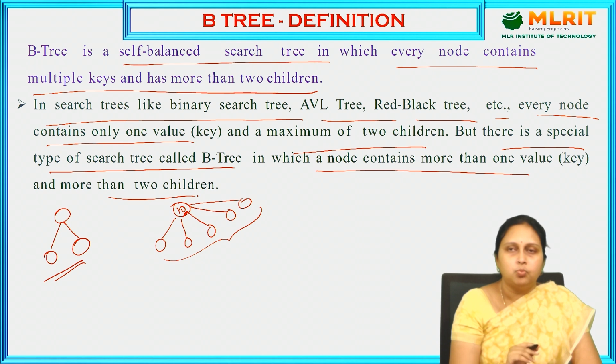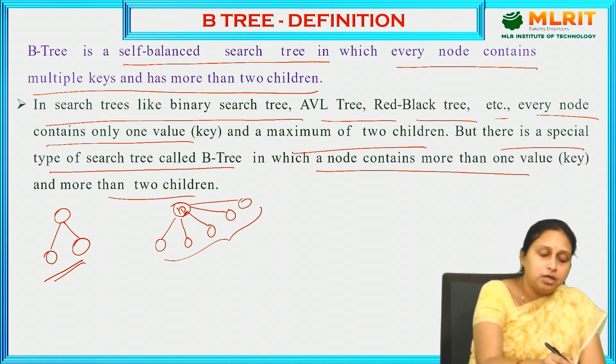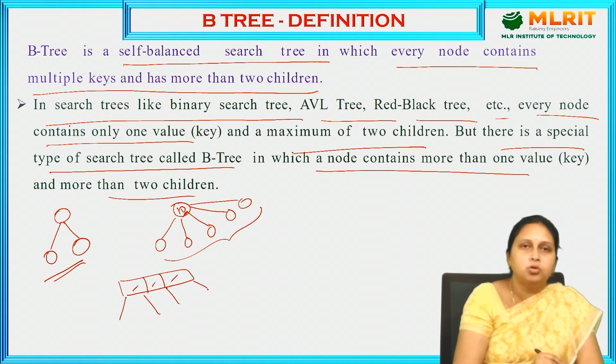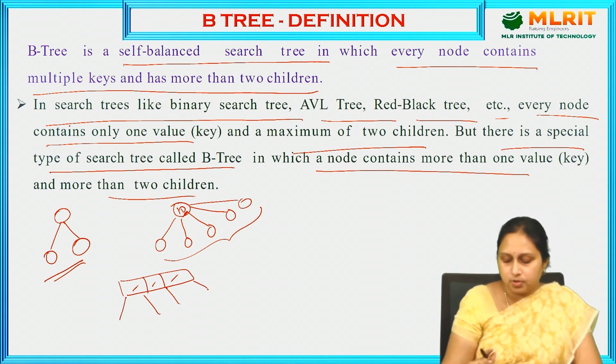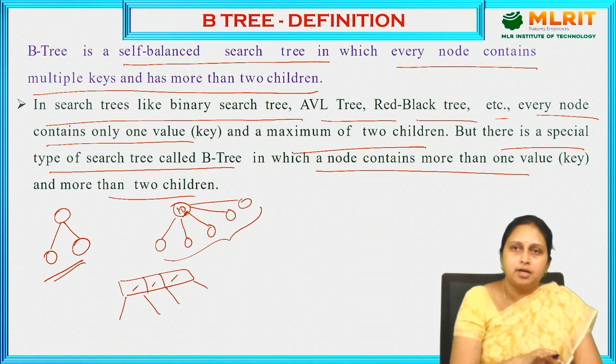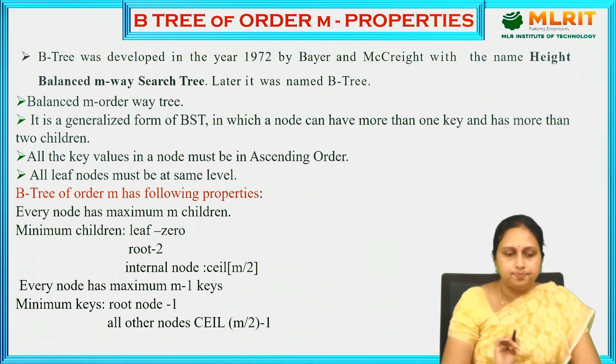Suppose you consider like this, I can have more key values, and for this it may have more children also. Okay, this is a B tree. You can find the difference between a binary search tree and a B tree.